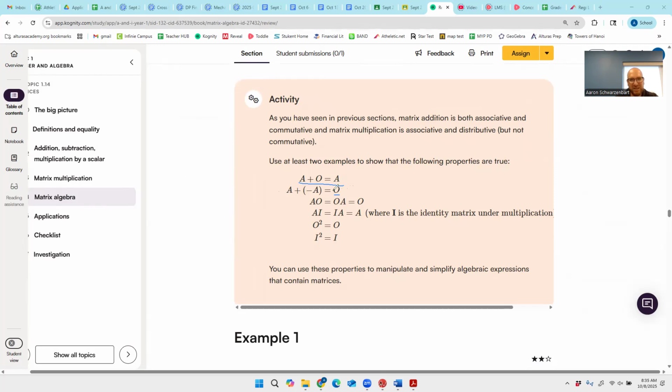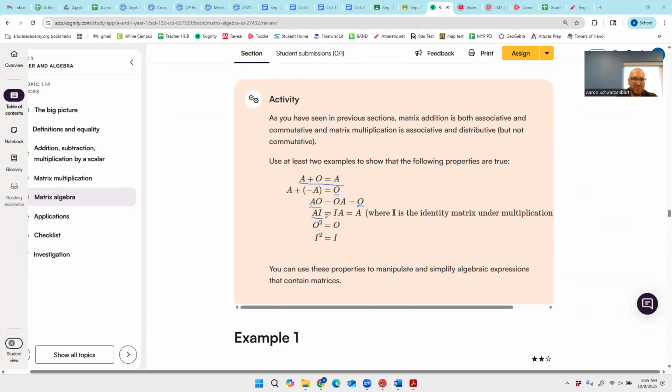I think they're kind of using an O for that. A times the zero matrix is zero. These should be pretty obvious. Adding zero to something doesn't change it.